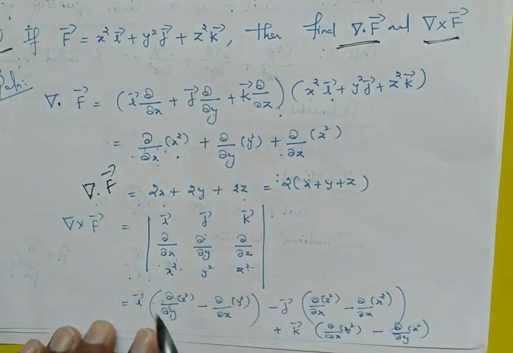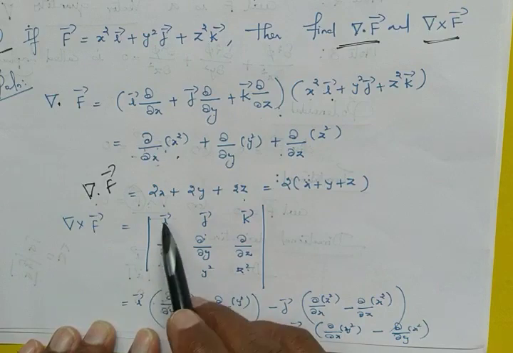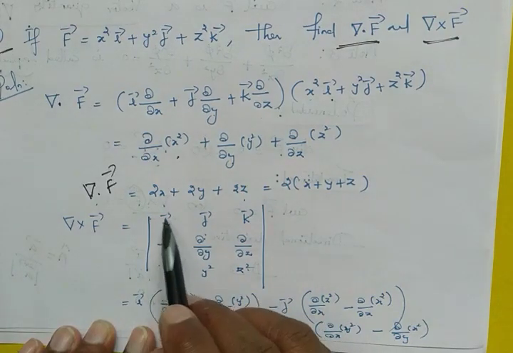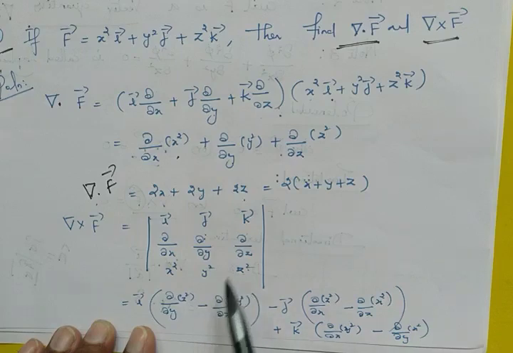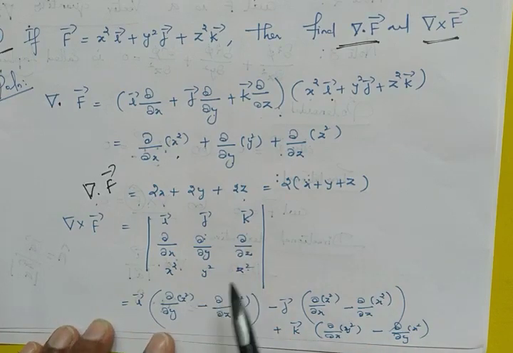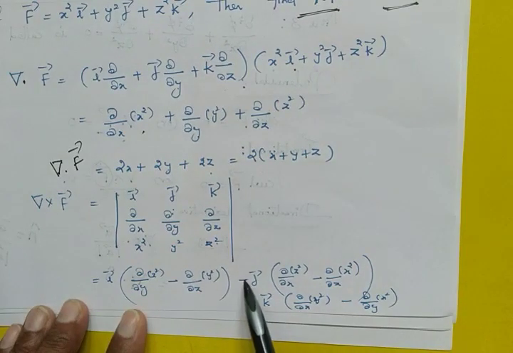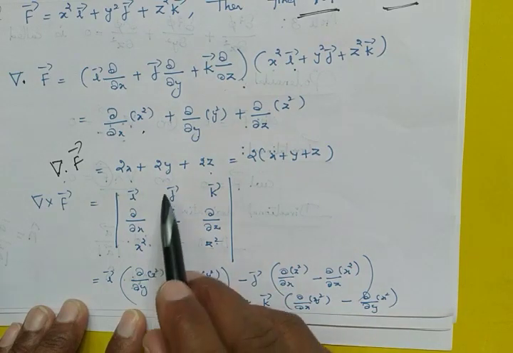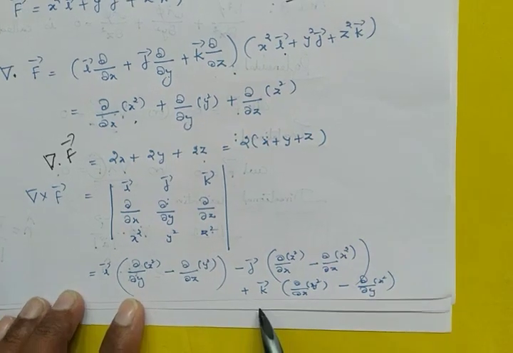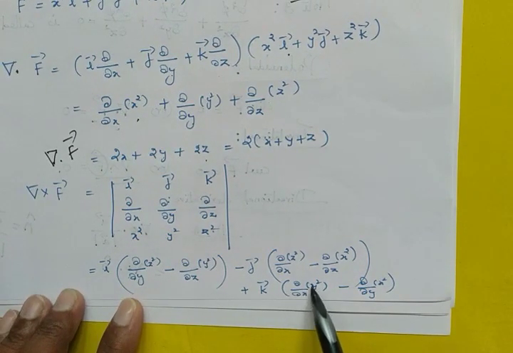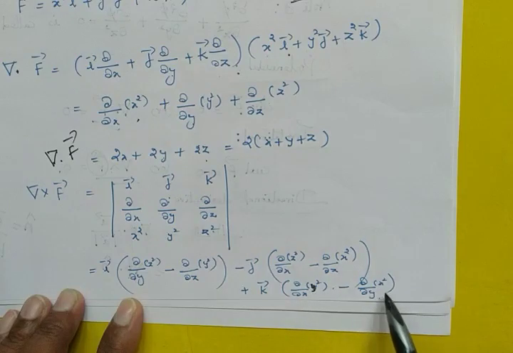Then expand the determinant: i vector into dou by dou y of z square minus dou by dou z of y square, then minus j vector into dou by dou x of z square minus dou by dou z of x square, plus k vector into dou by dou x of y square minus dou by dou y of x square.